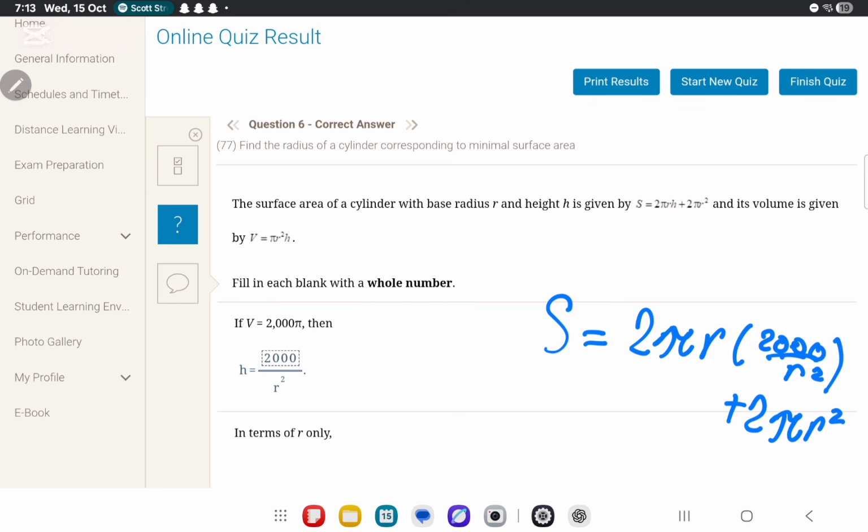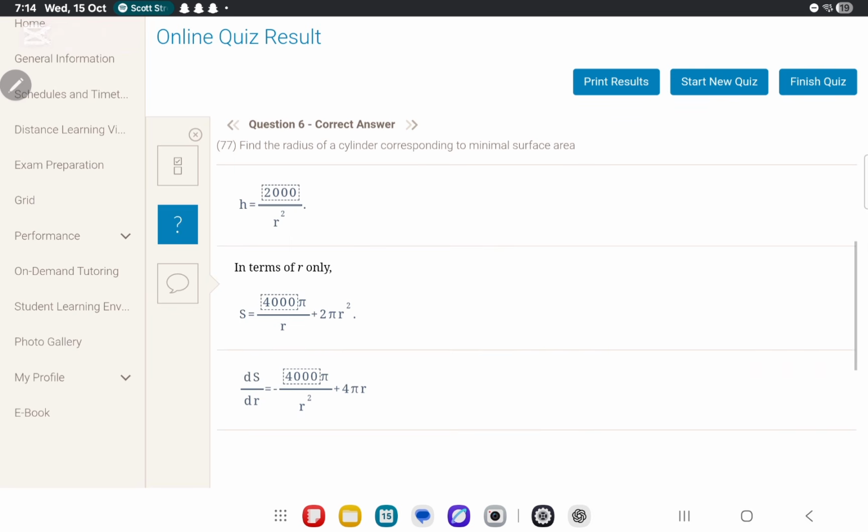Cancel r with r squared. You're going to have 2 pi times 2000, what's 2 times 2? 4000 pi over r plus 2 pi r squared, and that should be your answer. 4000 pi over r plus 2 pi r squared.